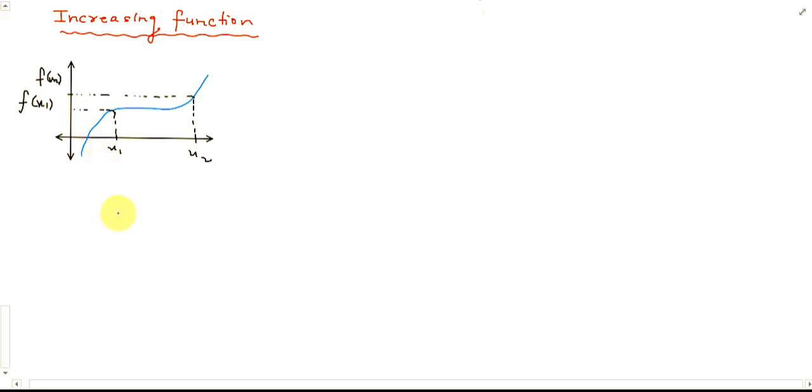So here x2 is greater than x1, and the value f of x2 is greater than or equal to f of x1 for all x belonging to the domain of the function.